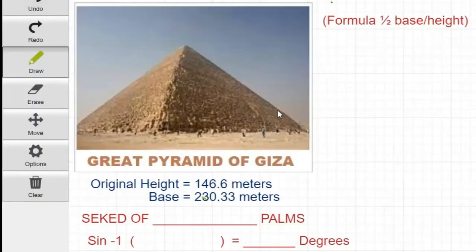We know that the base is 230.33 here, and if we do our math correctly, half of that comes out to be 115.165. Let's write that down: 115.165. And we're going to divide that by the height, which we see here is 146.6.